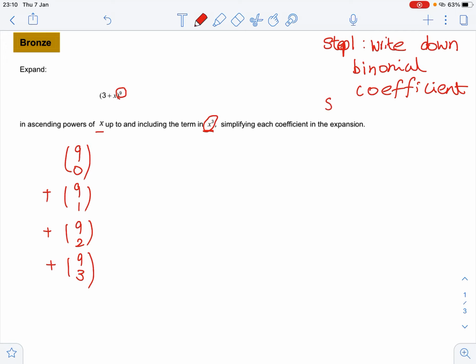Then step 2. I want you to write in descending power for the number. So inside the bracket, we have a number. We're going to write in descending power for the number.